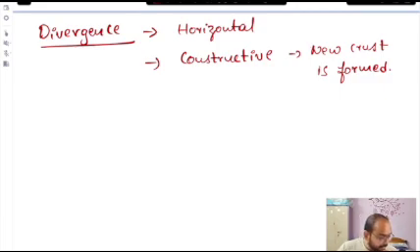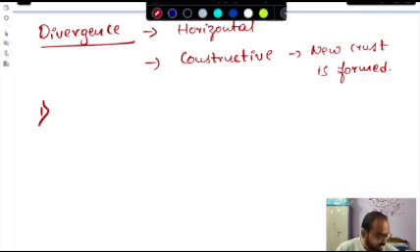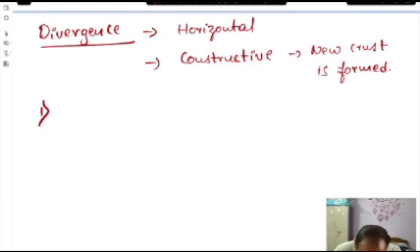Divergence happens in two ways. The first one would be continent-continent divergence, where two continental plates diverge from each other.